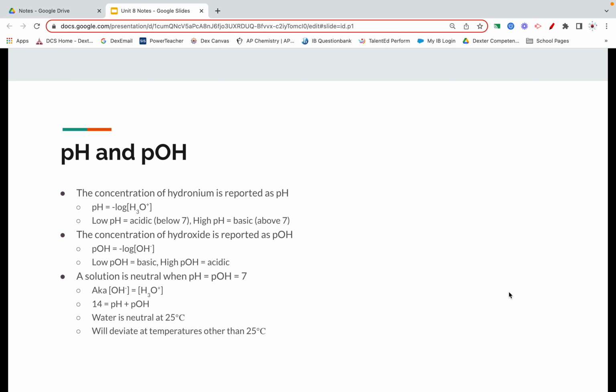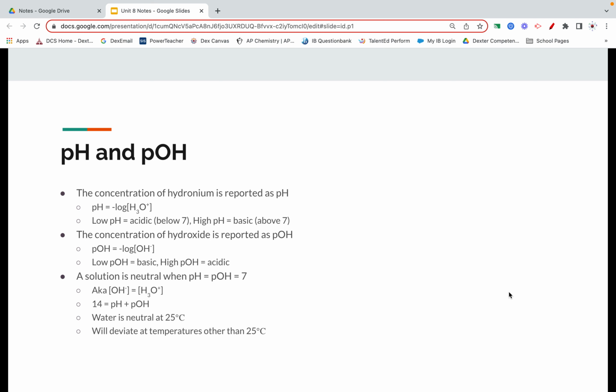pH and pOH are ways that we measure the concentrations of hydrogen or hydroxide. pH is the measurement of hydrogen: pH is equal to the negative log of hydronium concentration. The lower the pH, the more acidic it is; the higher the pH, the more basic. That is exactly the opposite for pOH.